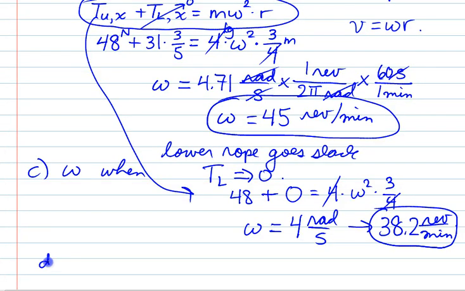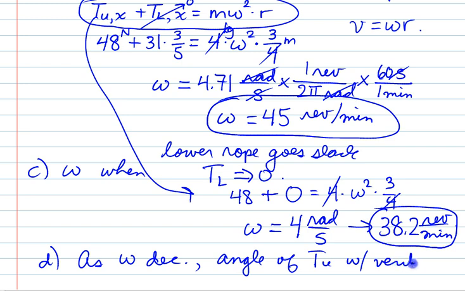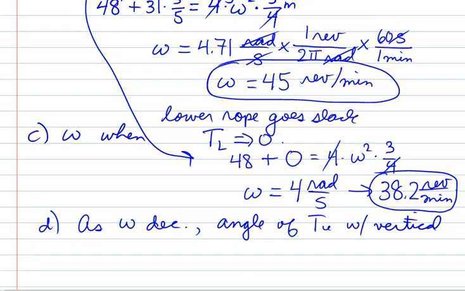And so what happens is, as omega decreases, the angle of T upper with the vertical will actually decrease. Because if you think about this, the limiting case is that omega is equal to 0. In that case, the block wouldn't be out at all, and the angle with the vertical would be 0.